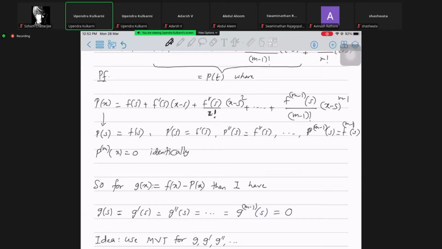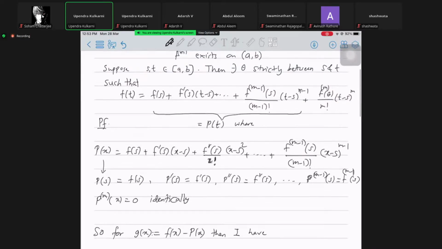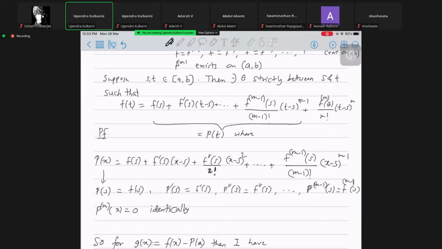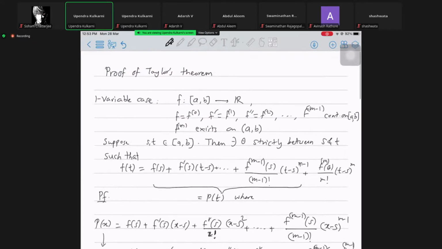Notice that by hypothesis, a polynomial has all derivatives everywhere, and f has the requisite derivatives, and they are continuous on this closed interval.